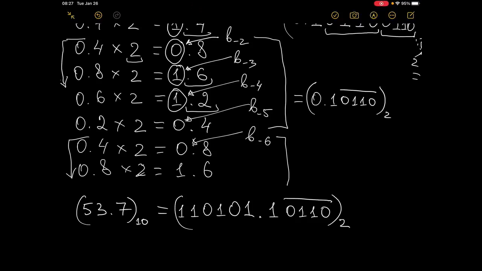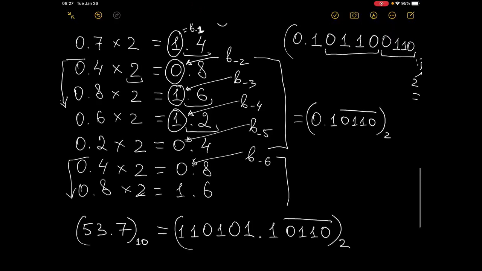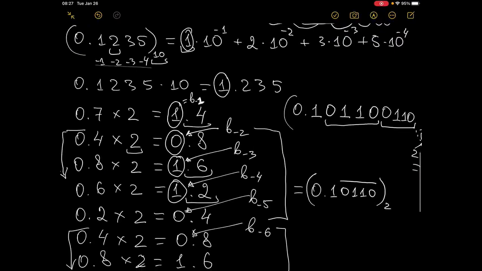So why is it so important? Why am I showing you all these conversions? You could say that, okay, I don't care how it is represented in the computer, but this is essentially the most important part of why we were doing this.